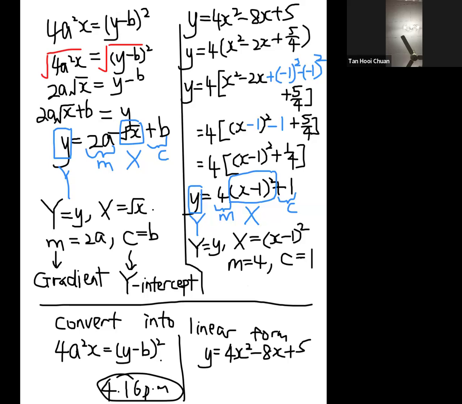Okay, so your M is 4, your C is 1. Okay, like this. Any questions? If you can't get it, you don't think you careless, whatever. Don't be like some of my students, 100 marks only get 7 marks, then I say 93 marks careless. Why careless? Because all the questions, halfway all wrong already. First step, all wrong. So all wrong is careless.